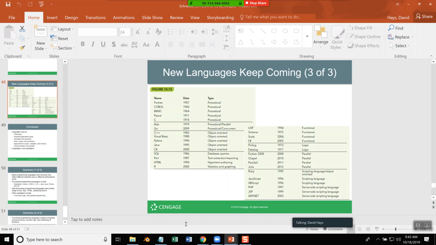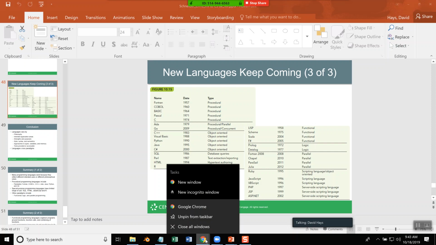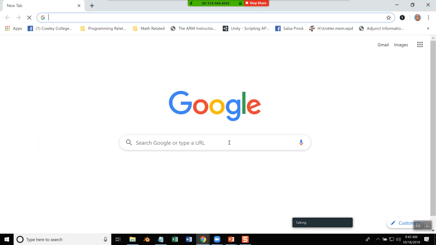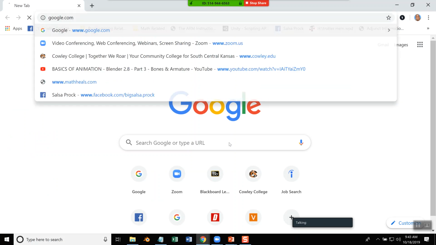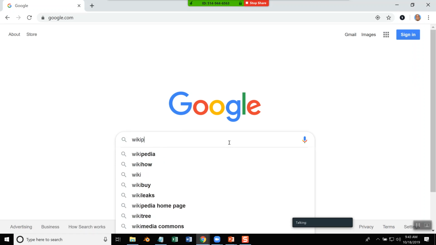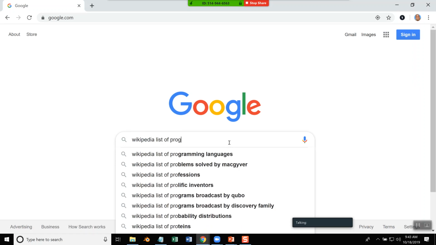You can actually go out there. Wikipedia, list of programming languages.